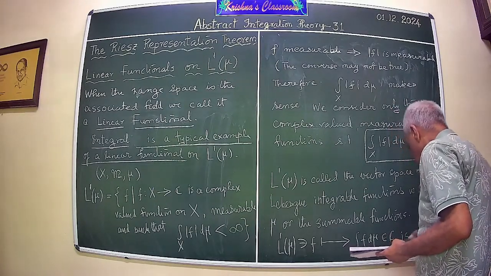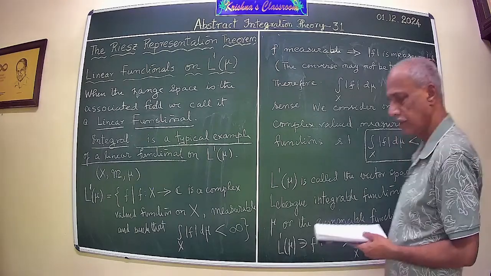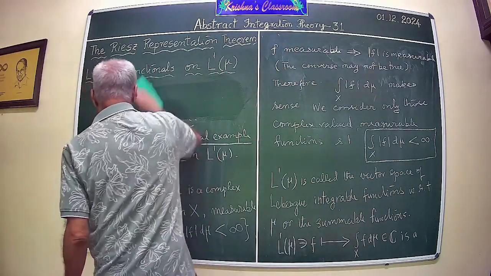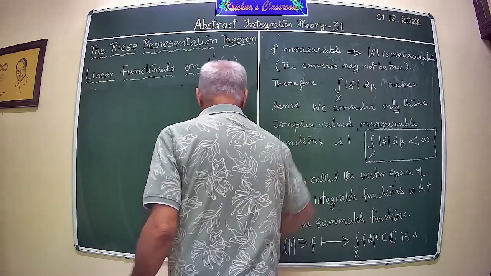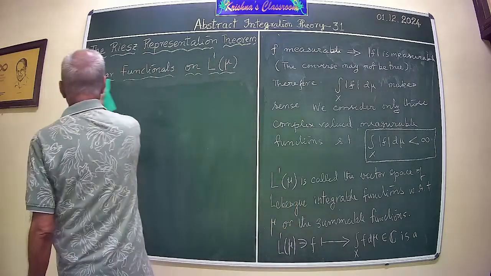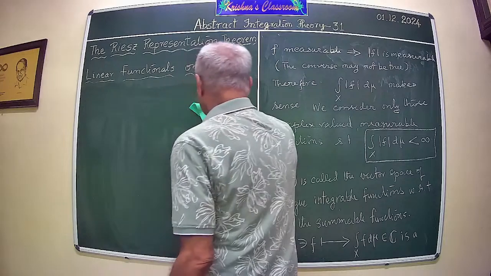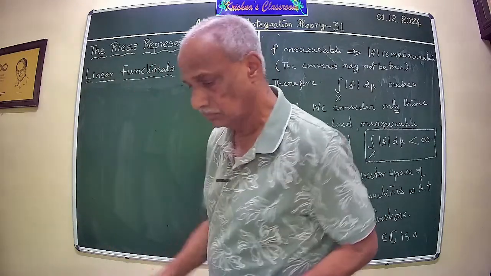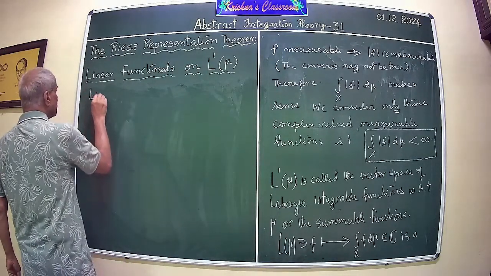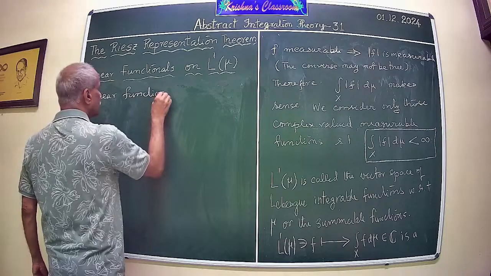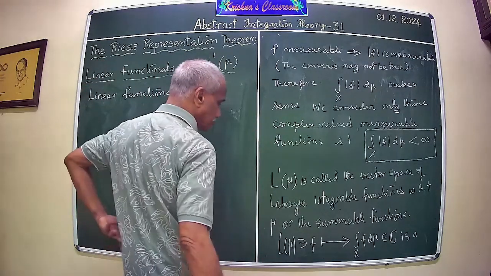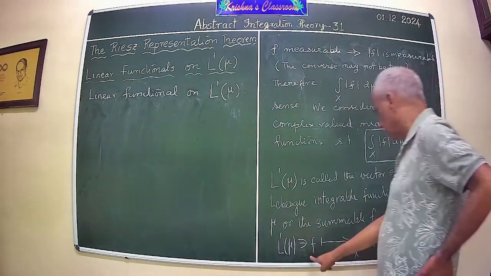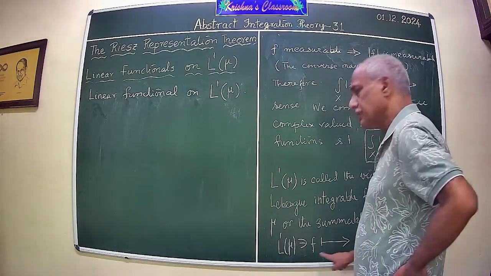So what you can prove, or immediately observe, is that L1 mu is a vector space, and the integral is a linear function on L1. So for every element, you have a complex number associated, and this association is a linear map.